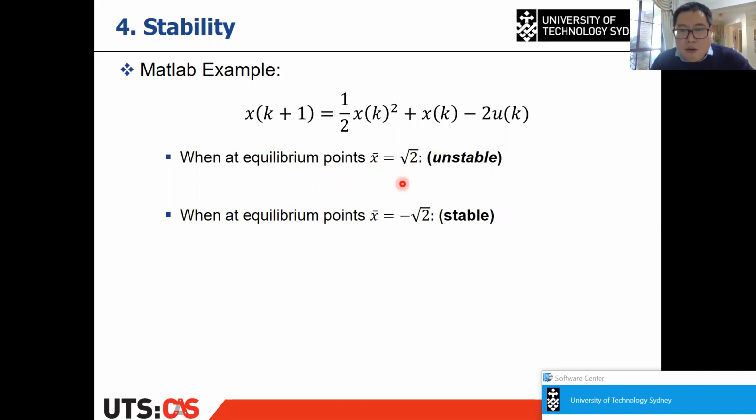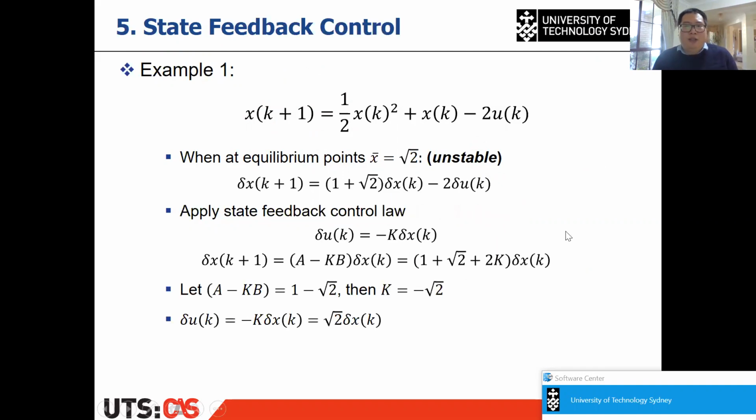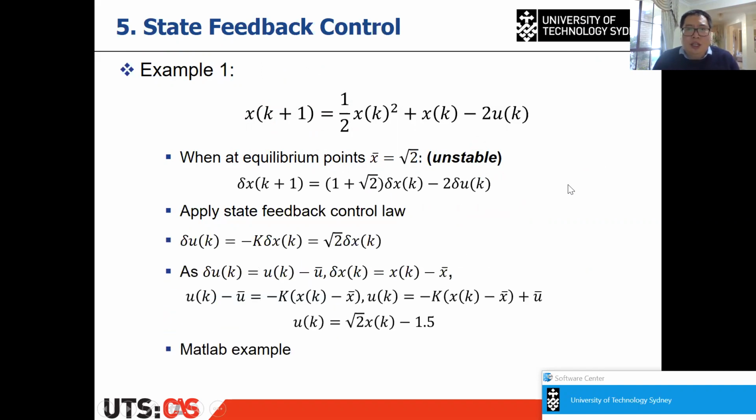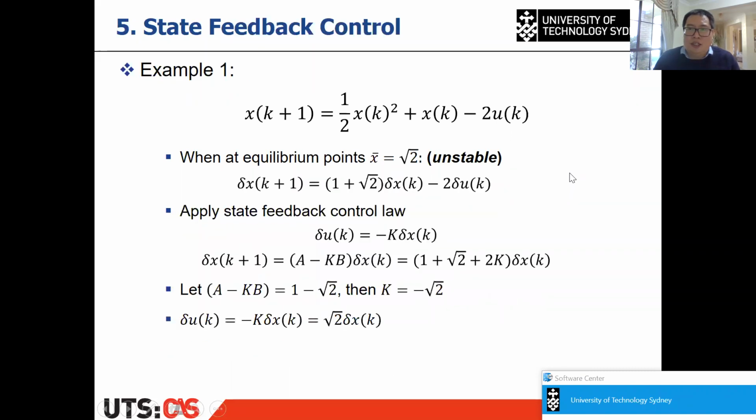And at the stable equilibrium point, even if we give an offset, it will converge to the equilibrium, which means that is stable. All right, so let's see if I can show you a little bit later or not. That's the example. So make sure you know how to check the stability, and you understand what stability is.